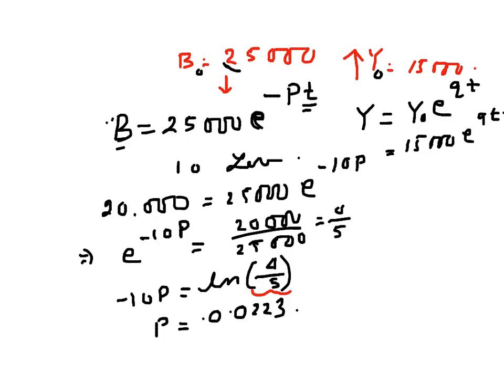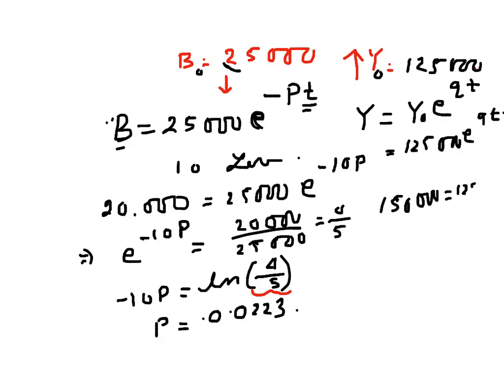The other info that's given is for Y, the population of Y after 10 years. There's a bit of a mistake here. The Y0 is 12,500. That's the population Y0 in the beginning, and after 10 years the population of Y is 15,000.